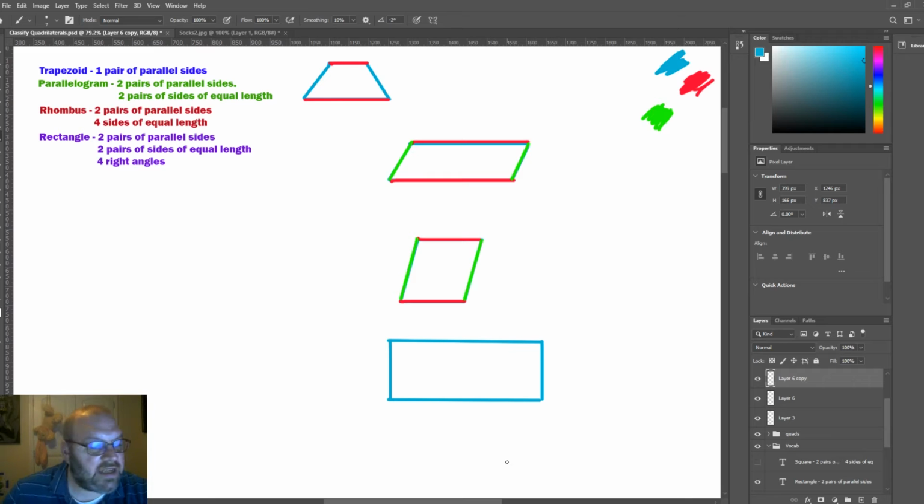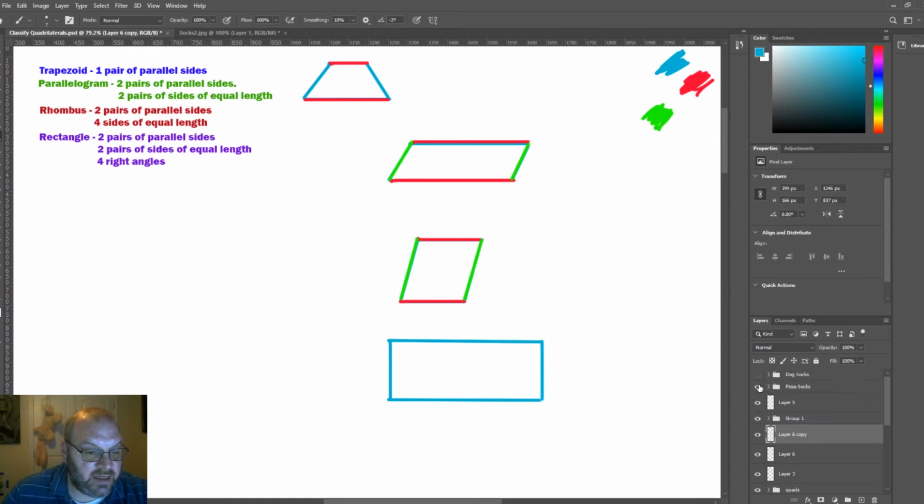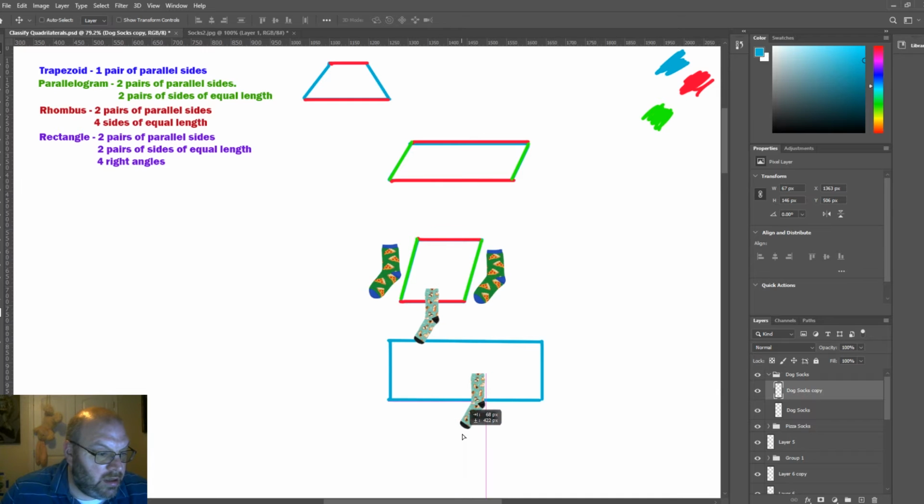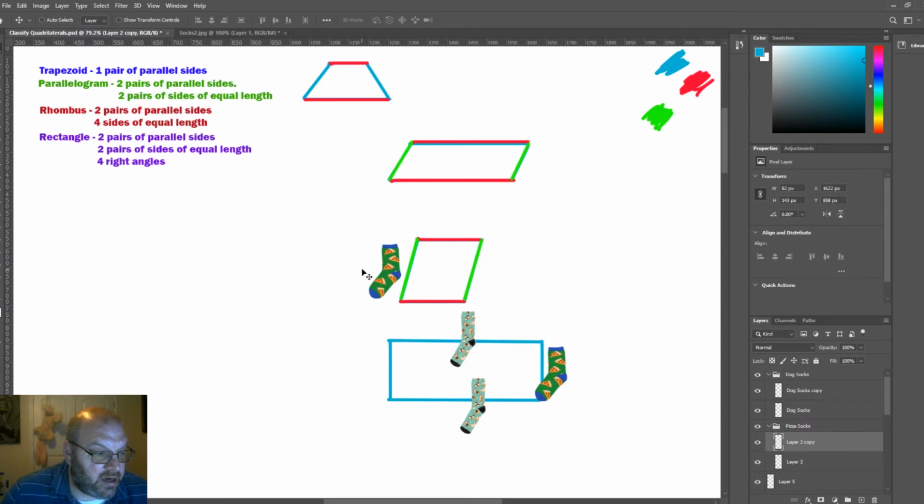Now we've all seen rectangles, right? It has two pairs of parallel sides. Let's get my socks out. Two pairs. That's one pair of parallel sides. Now we have two pairs of parallel sides. Okay? So this is one pair of parallel sides. These two sides are another pair of parallel sides.